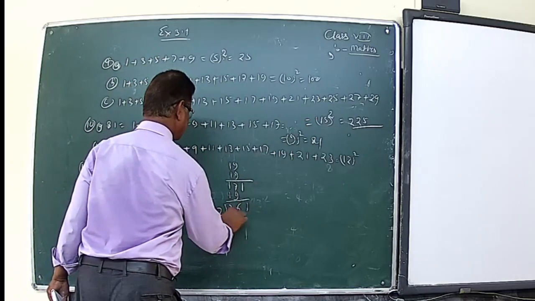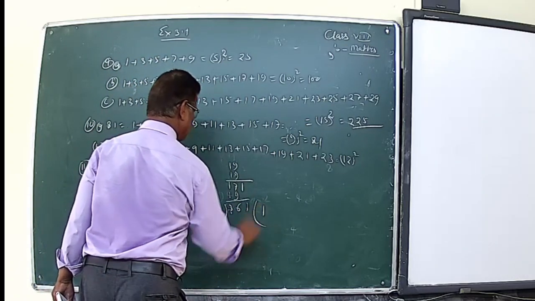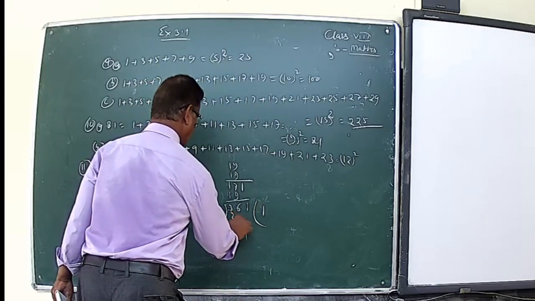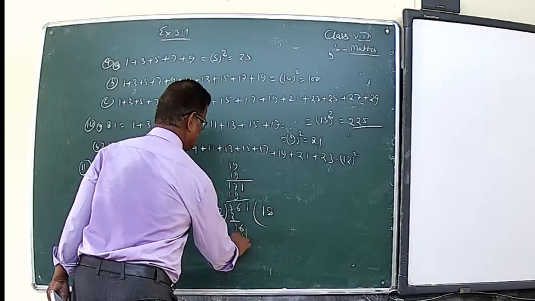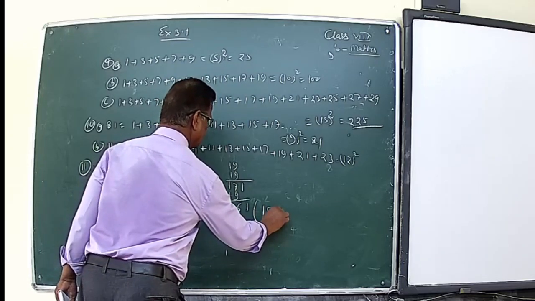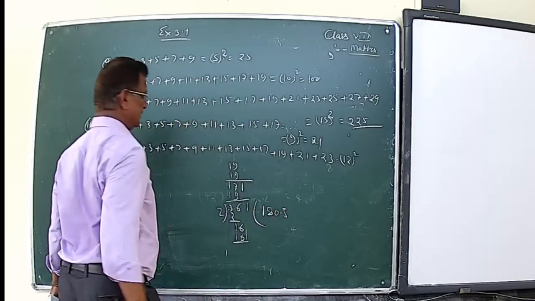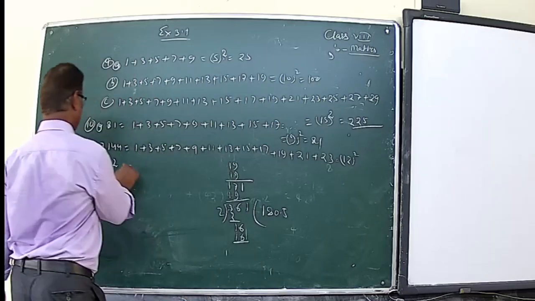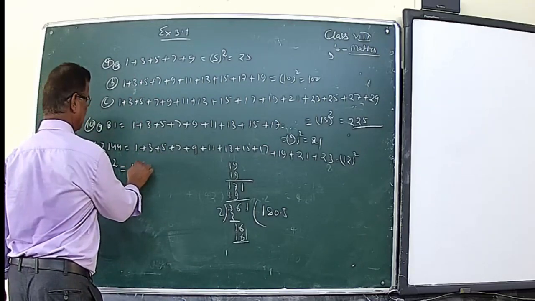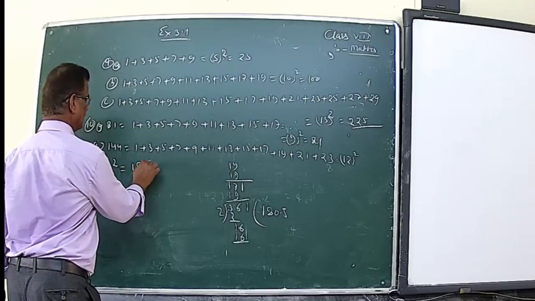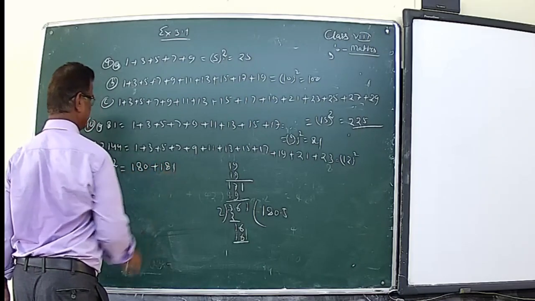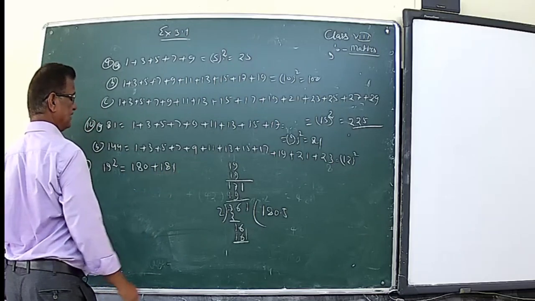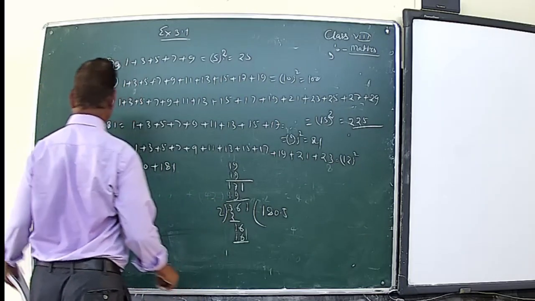Divide it by 2, and we get 180.5. Then this number can be expressed as 180 plus 181. Find the sum, you will get 361.